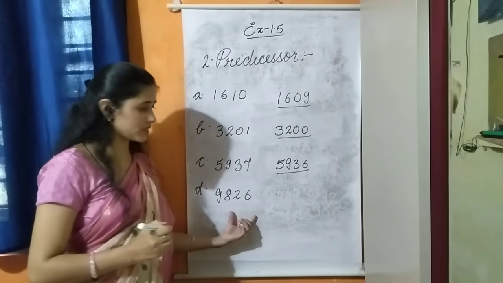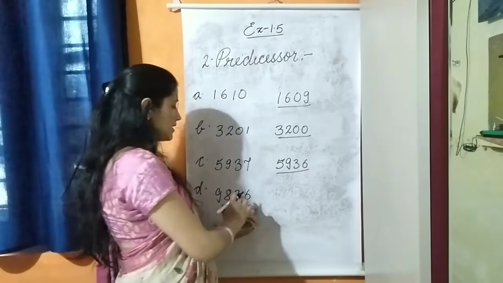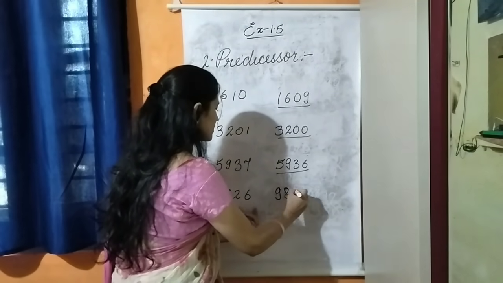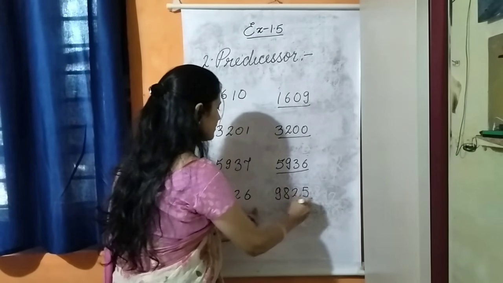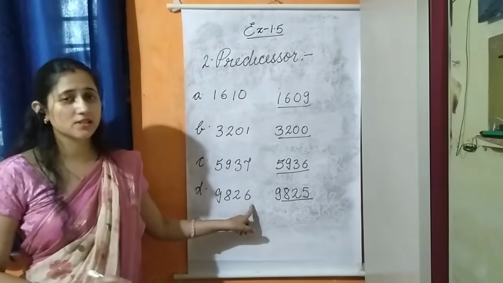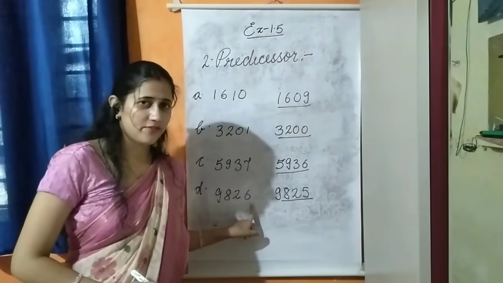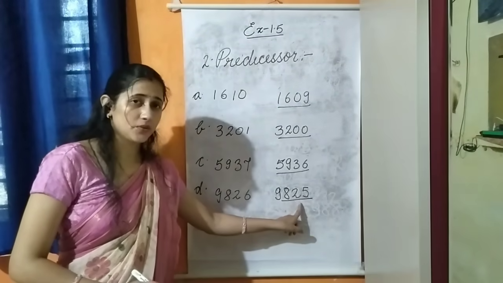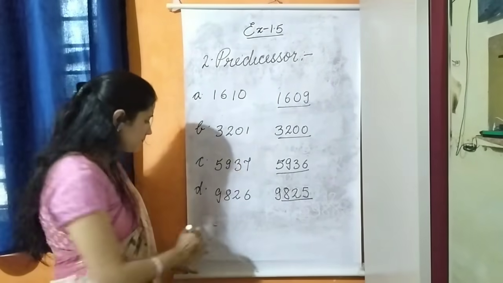D is 9826. Now we will subtract 1 and we will get 9825. If we subtract 1 from this 6, 6 minus 1 will be 5. So here we have got the answer 9825.